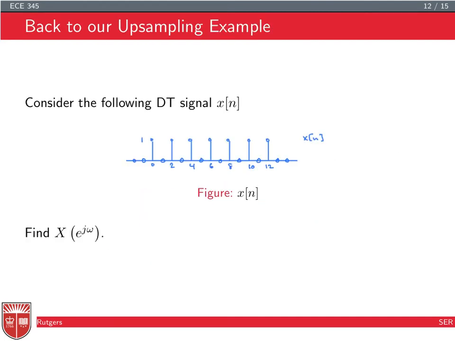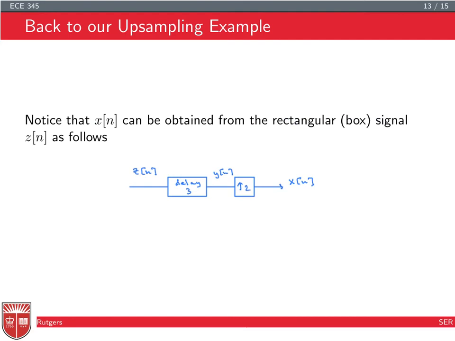Now that we found the DTFT of the box signal, let's come back to our example, which was to find the DTFT of this signal here. And recall that the way we wanted to do it is by first shifting the box signal to the right by 3 units and then doing the upsampling. And that's what I want to do next. The operations that we needed to do are the following. First, we have z of n, which is the box. So z of n looks something like this.